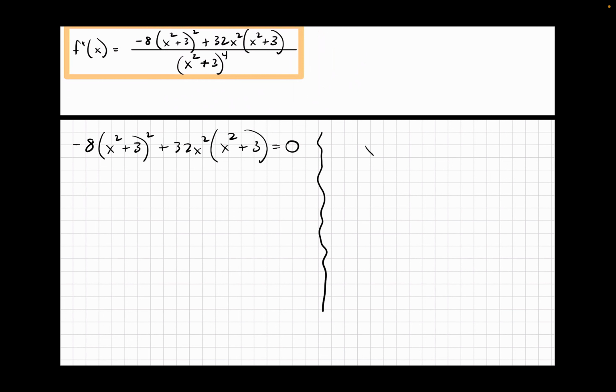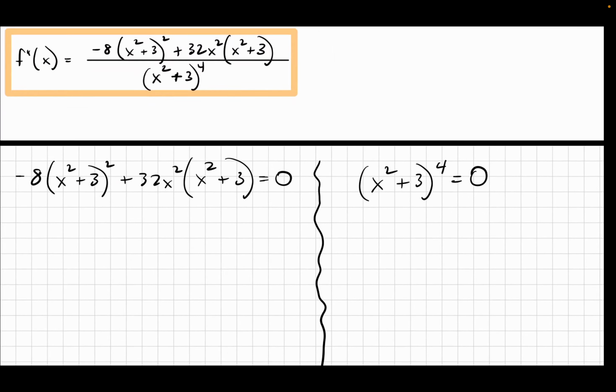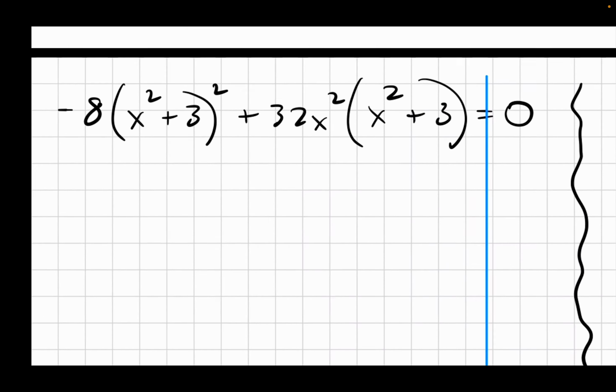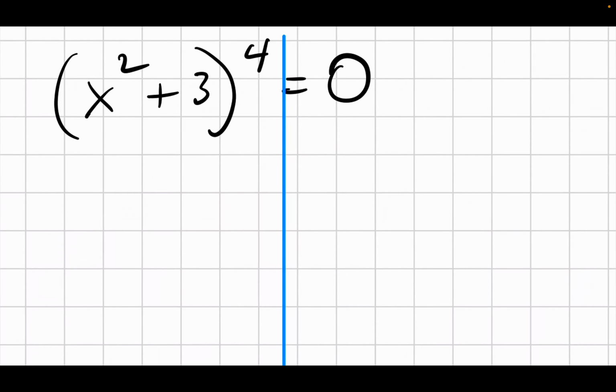And then the bottom equal to 0. And then solve for x. So solve one at a time. I'm going to solve this guy first. Actually, you know what? Let me solve this guy first because this one's not as long.